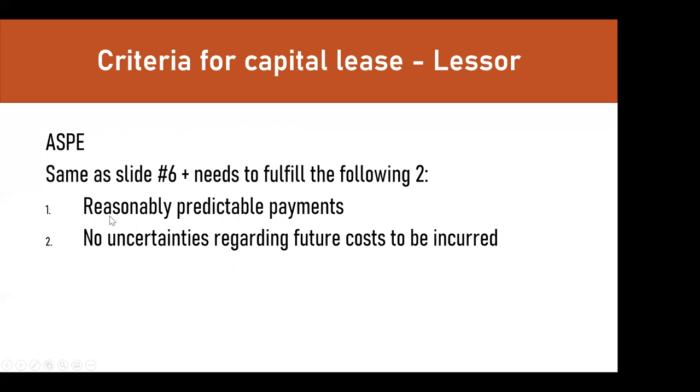So they need to know that they're going to have reasonable payments from their lessee. Basically that means they know that their lessee is going to pay, that they have sufficient resources to pay. And also that there are no uncertainties regarding future costs to be incurred. So that's the executory cost. They know how much in the future they're going to have to pay in costs in regards to this lease that they're entering into.